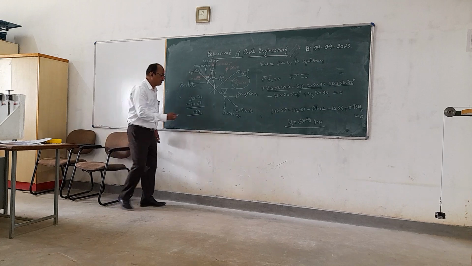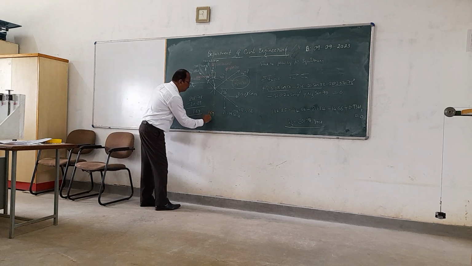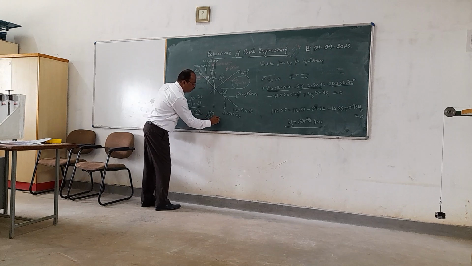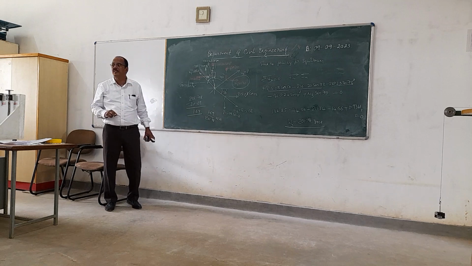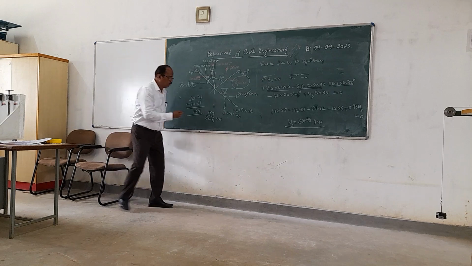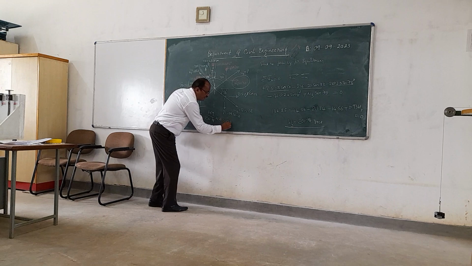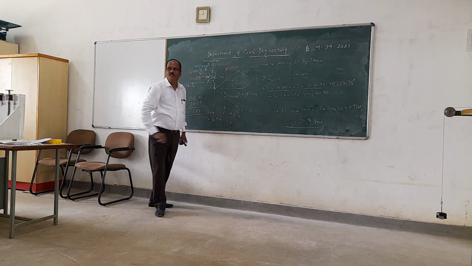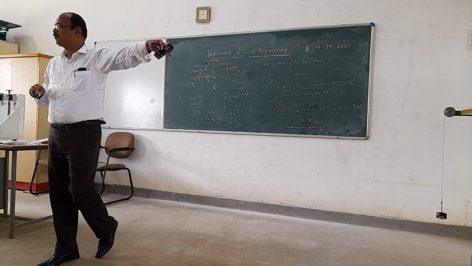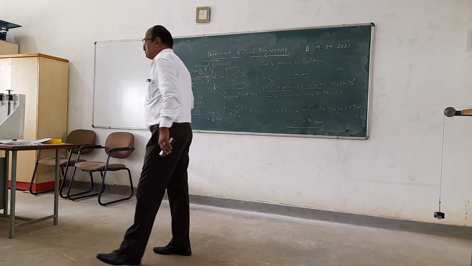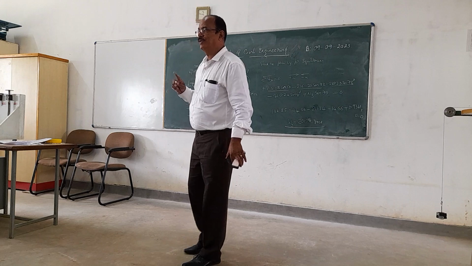What's the percentage error? 1.69 divided by 201.78 into 100 is 0.8%. The percentage error between the theoretical and experimental value is around 0.8%.